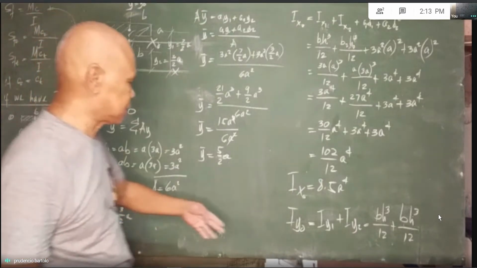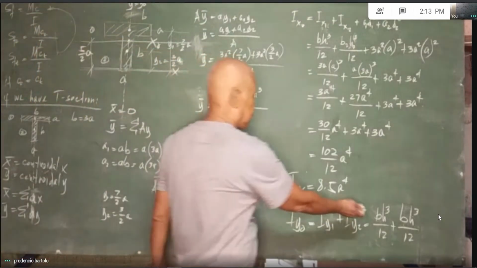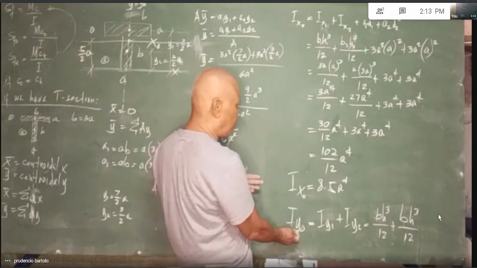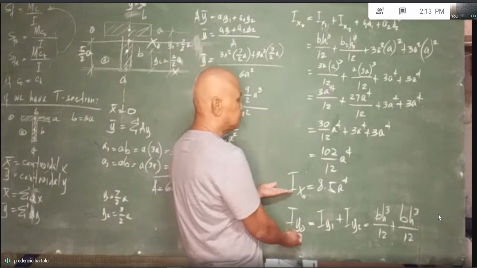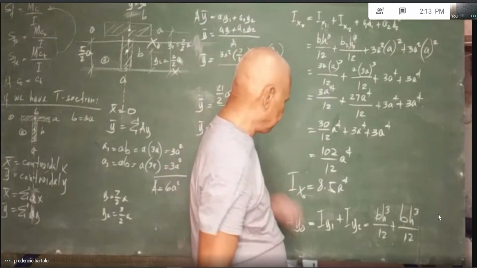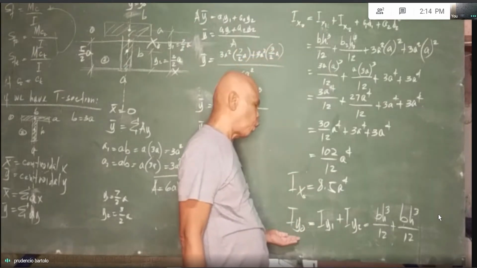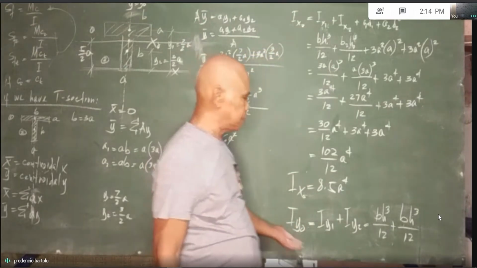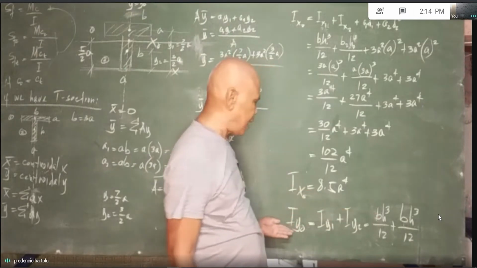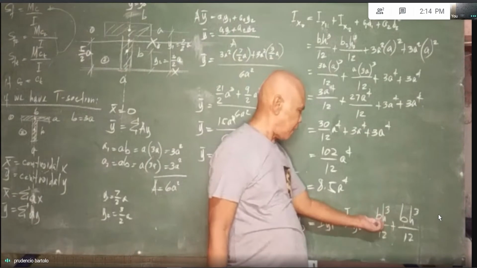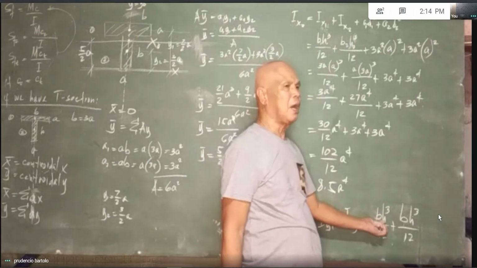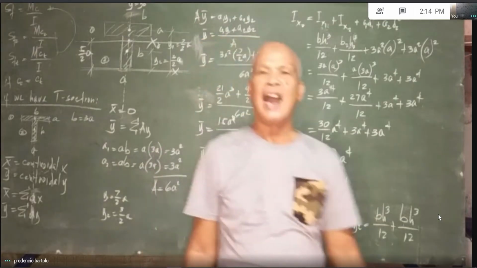So that will be the difference between the centroidal y moment of inertia and centroidal x moment of inertia. When you are talking of the centroidal y moment of inertia, your B in here will be along the y-axis. And your x will be the one that is perpendicular to the y-axis.